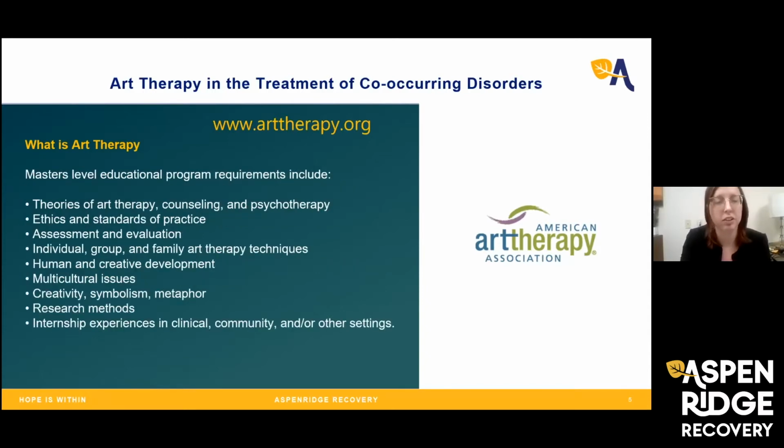Art therapy, you do have to be a master's level clinician. Because of all of these things listed under there, it is a 2 or 3 year program. Mine had the counseling as well, so that I could get that licensed professional counselor and then do the additional addictions counseling on top of that.